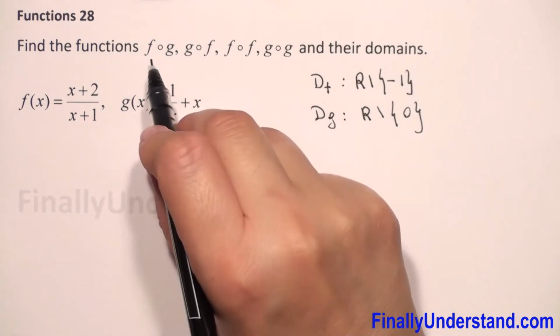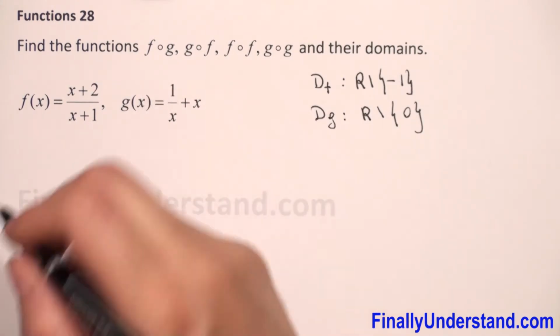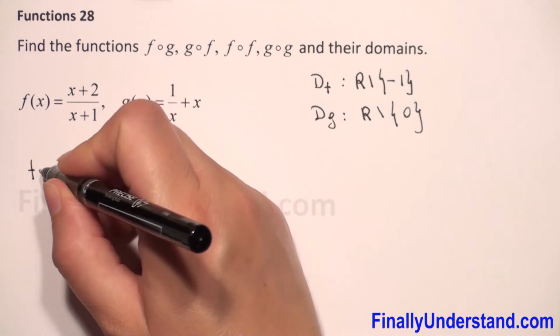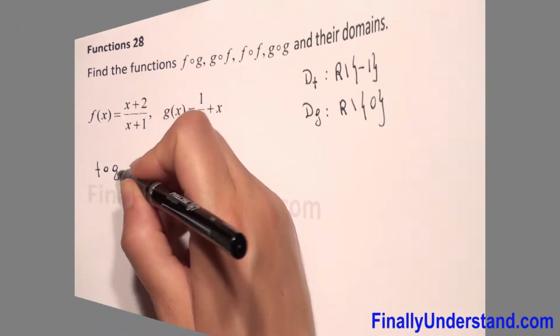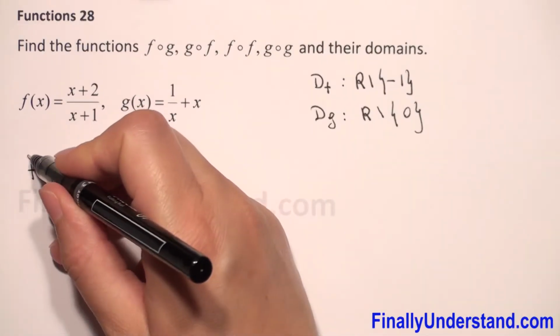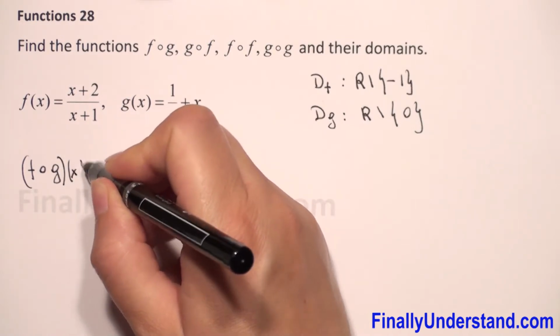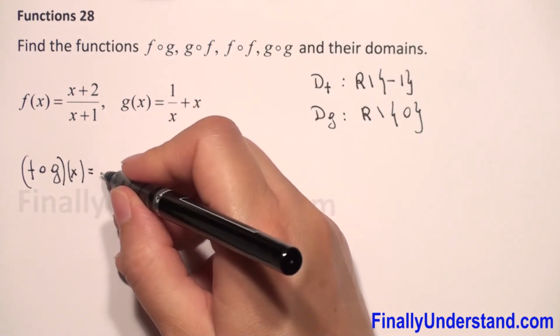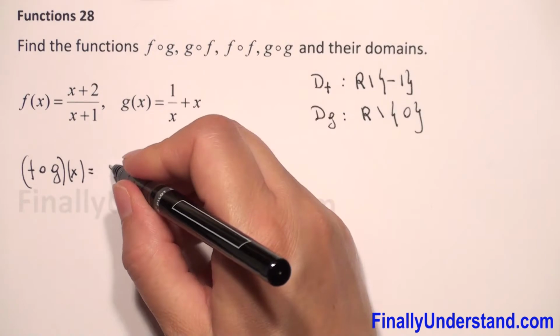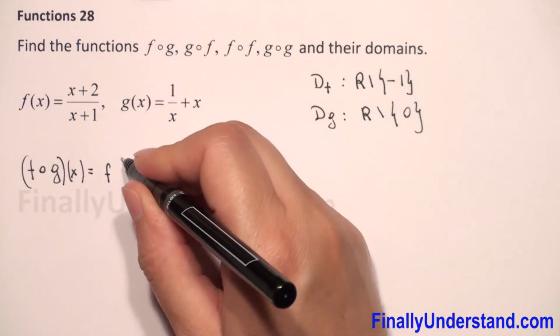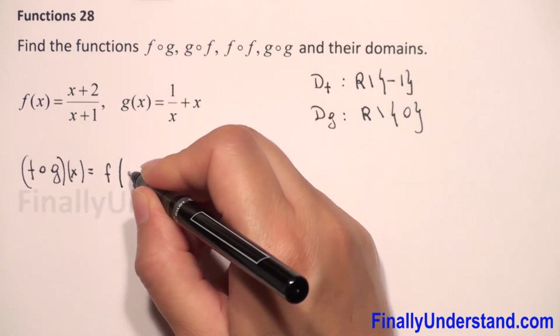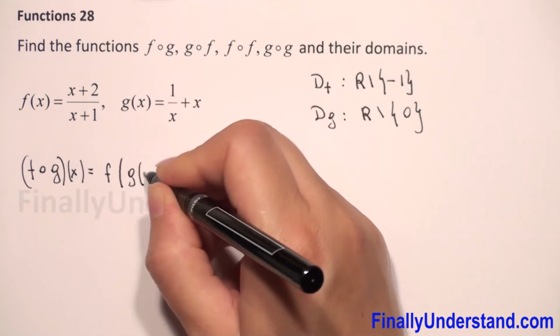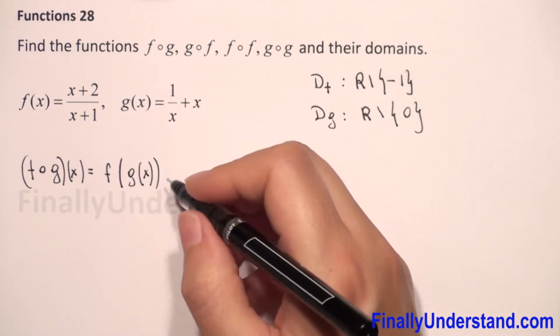First, f of g, so f of g of x, this is equal. The first function f we just copy, and the second we have g of x. We can rewrite this.